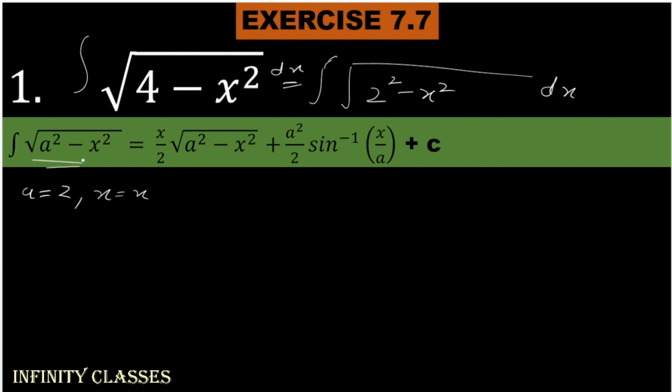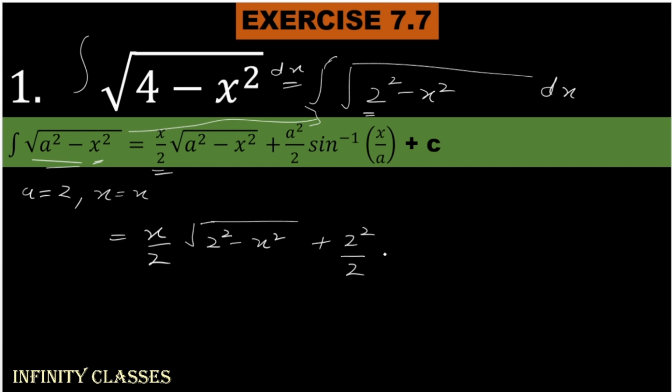On comparing this with the identity, in place of a we have 2 and in place of x is x. So on the right hand side we will replace x with x and a with 2. So x upon 2 root 2 square minus x square plus 2 square upon 2 sine inverse x upon 2 plus c.